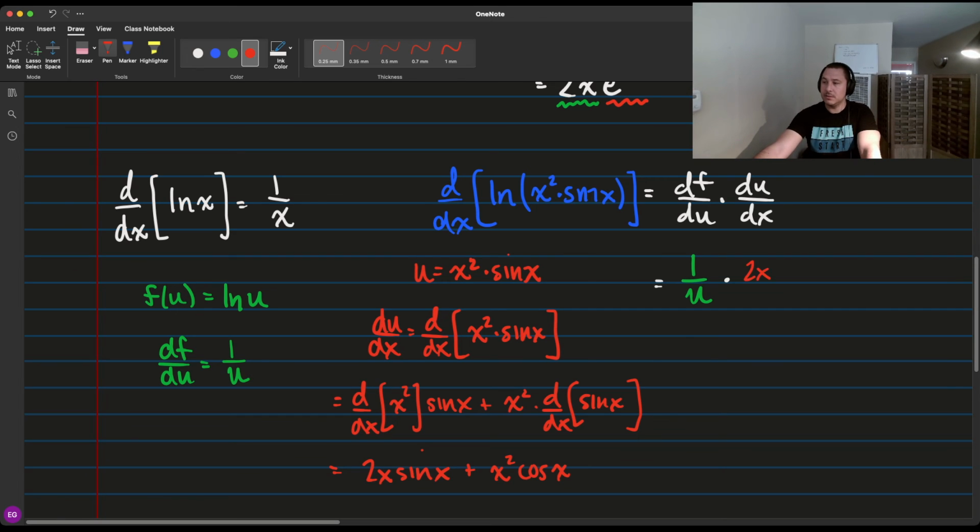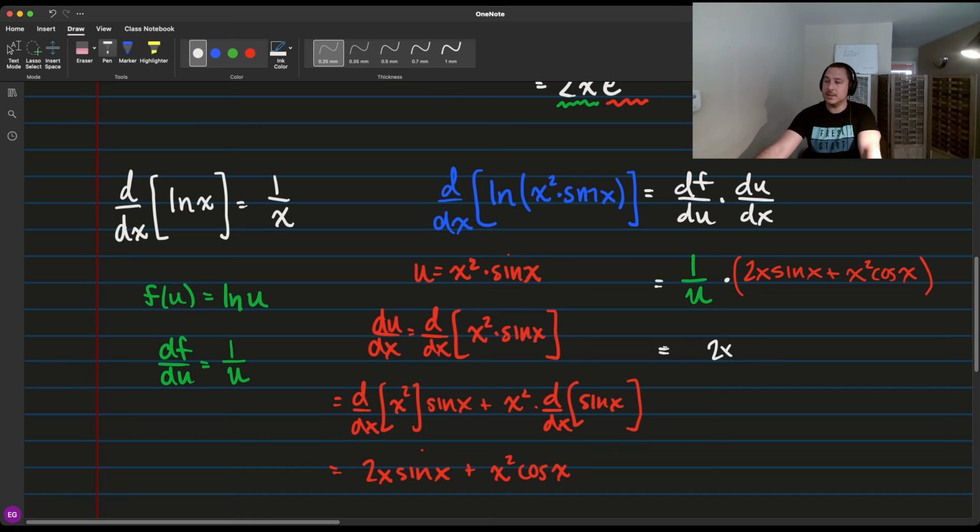So that just ends up over here. So we get 2x sine x plus x squared cosine x, and we should put parentheses around it. Okay, now you can multiply that across.